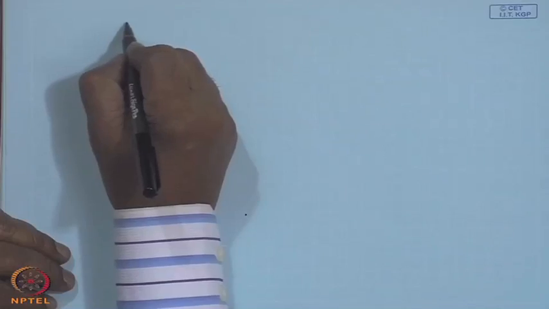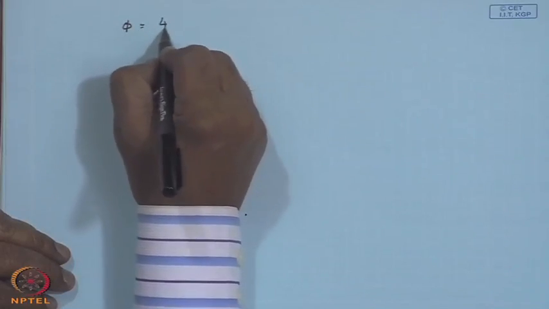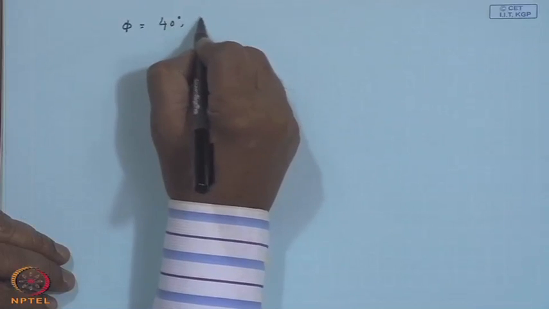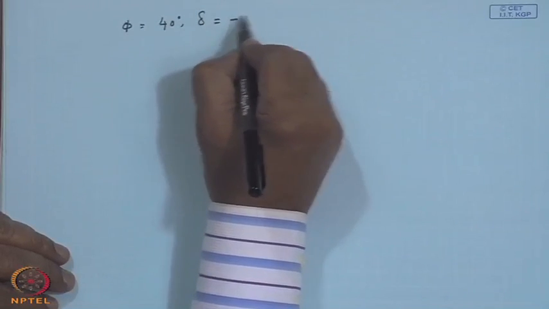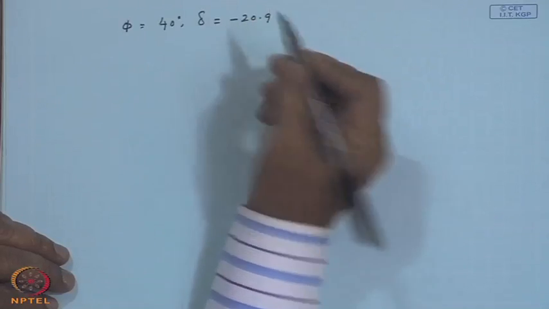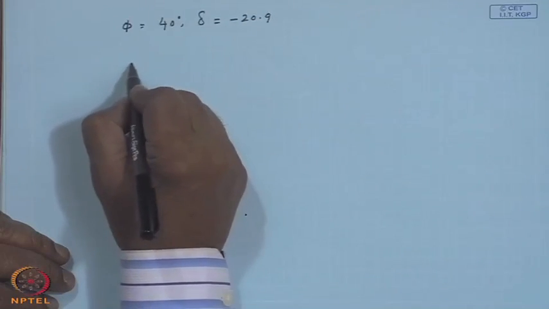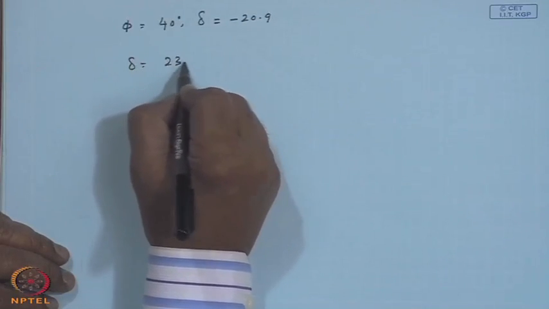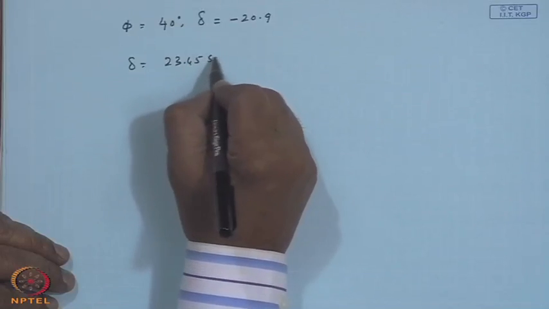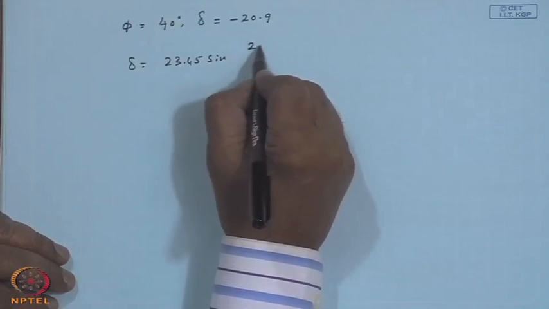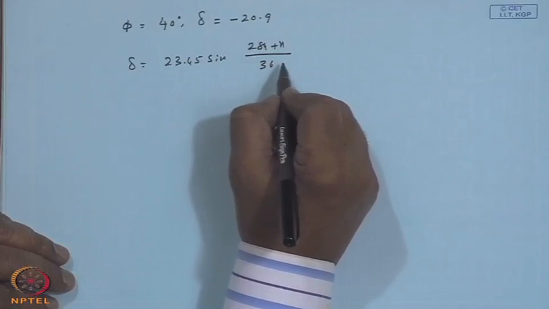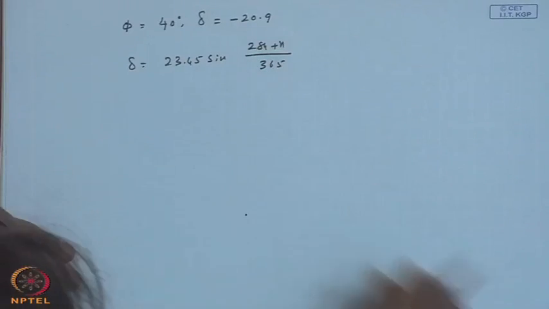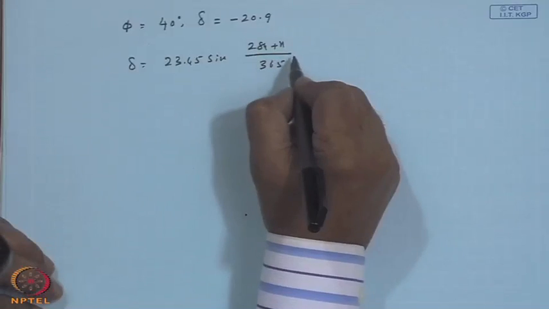So, the latitude phi is 40 degrees and delta, the mean declination for the month of January, is minus 20.9, or you can calculate delta is equal to 23.45 sin of (284 plus n) by 365, whatever it is, multiplied by 360.